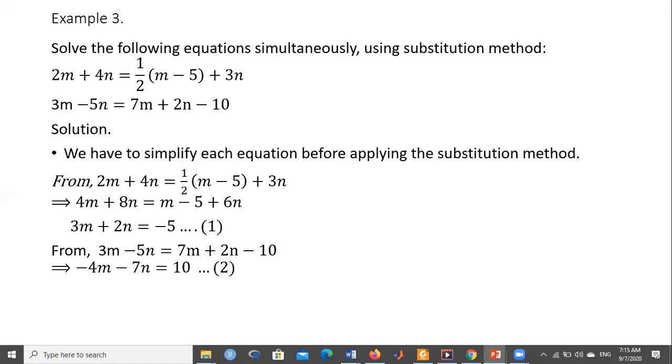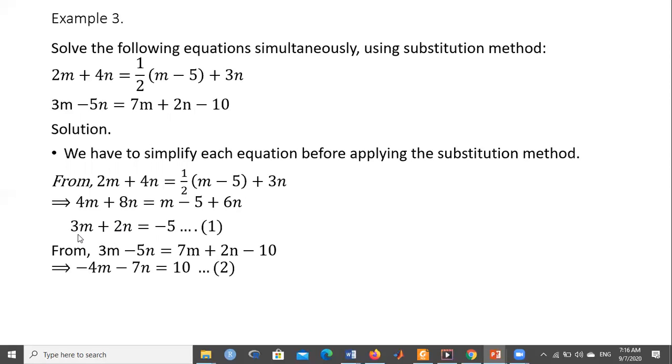Solve the following equations simultaneously using the substitution method. 3m plus 4n equal to half into bracket m minus 5 plus 3n, and equation 2, 3n minus 5n equals 7n plus 2n minus 10. Before we move on, we have to simplify each one of them.